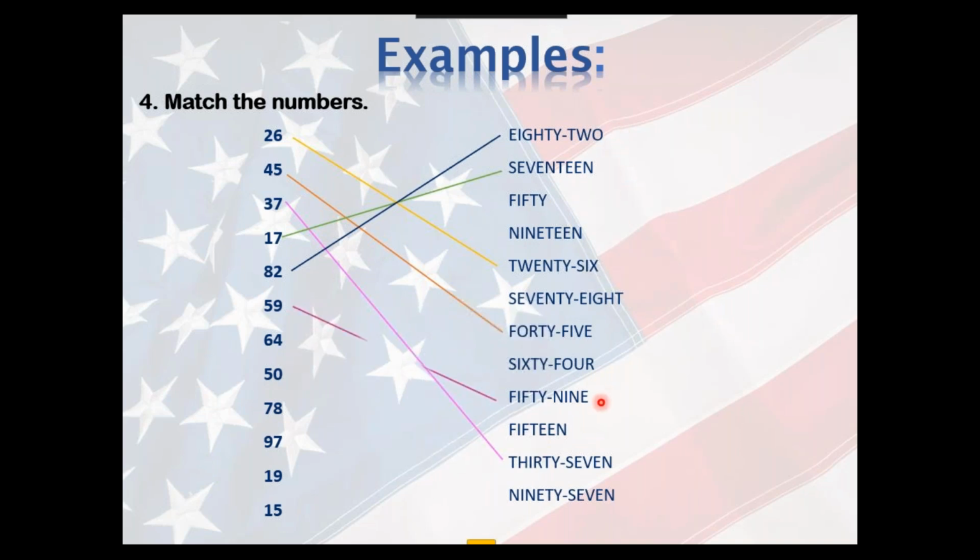Yes, the next. 59. Another. 64. Perfect. Continue. 50. Yeah. Next. 78. Excellent. Continue. 97. Perfect. Two more. 19. Yeah, and the last one. 15. Perfect. Now you have to practice.